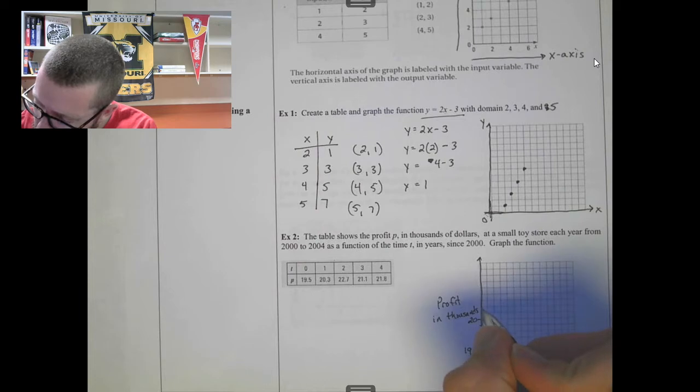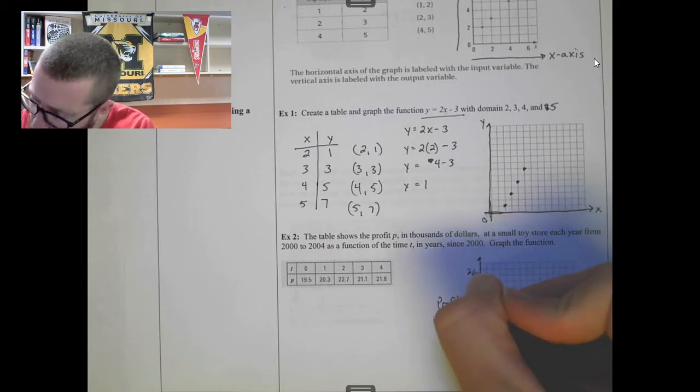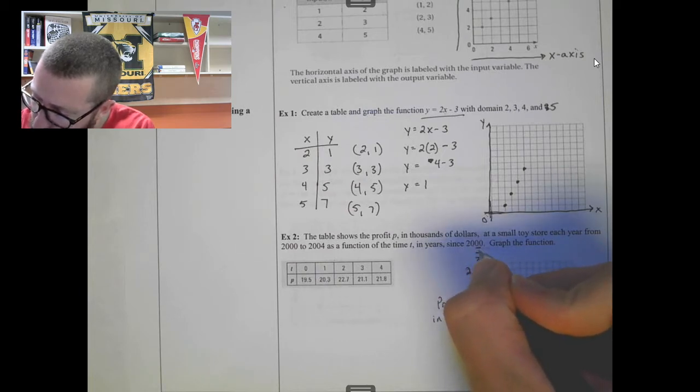And then 2, 4, 6, 8. This would be 21. 2, 4, 6, 8, 22, and I need to get 22.7, which I'm going to be off my graph, but that's okay. And so the 2, 4, 6, 8, we'll make that up there. So we'll kind of add some points. So this would be 22.8.